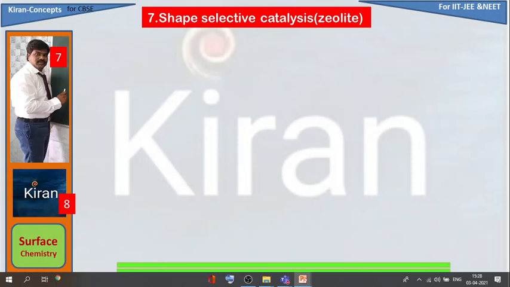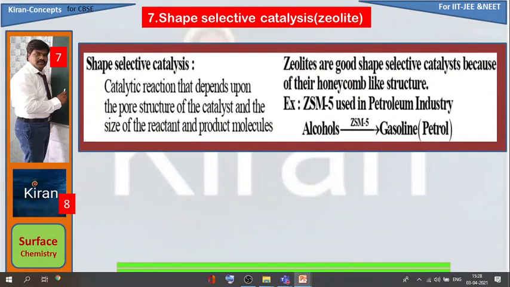Seventh one, shape selective catalysis. Example is zeolites. Shape selective catalysis means catalytic reactions that depend upon the pore structure of the catalyst and the size of the reactant and the product molecules.